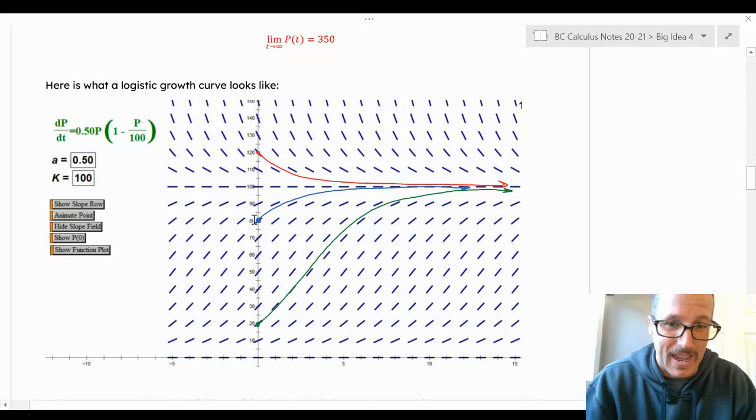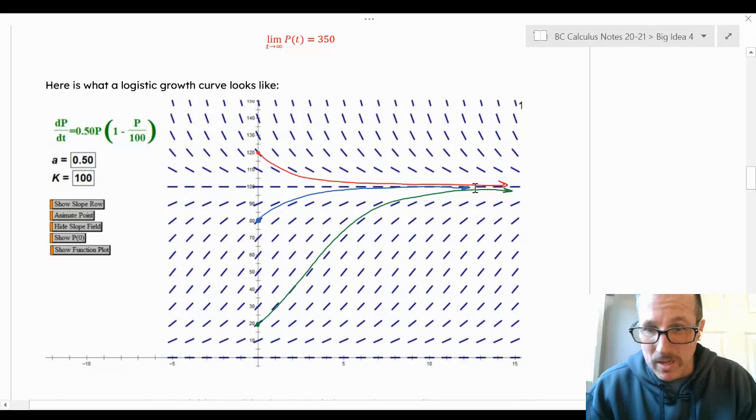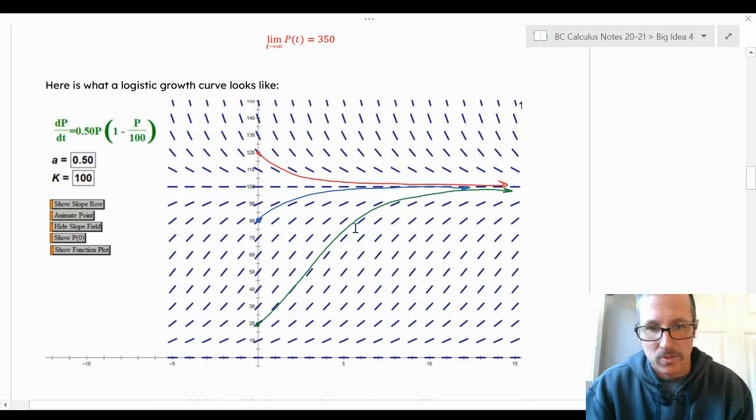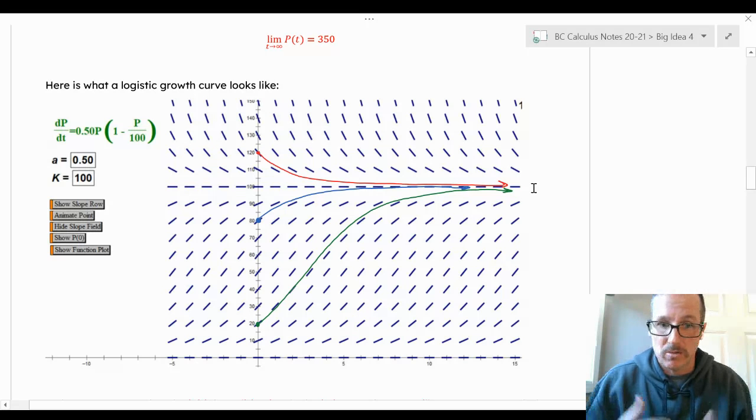If you start at 80, a lot closer to the carrying capacity, you're not going to be growing really fast, but you're going to be trending to 100. And if you start down here at 20, of course, you're going to be growing pretty rapidly, but then that tapers off until the growth rate reaches 0, the closer you get to the carrying capacity of 100.